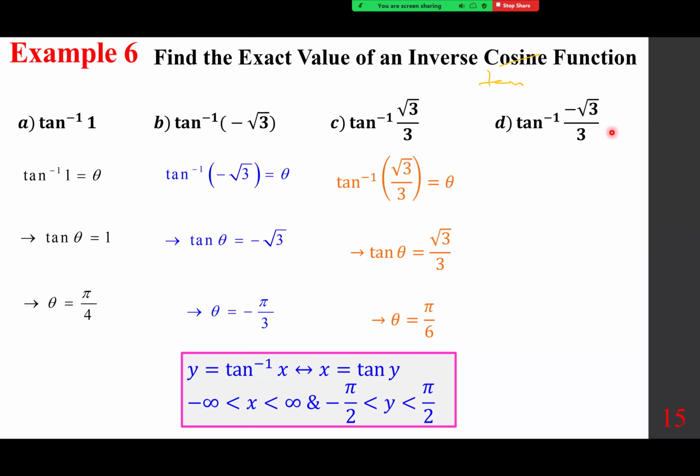Same thing here, set it equal to theta. By definition, tan of theta must be this number, and therefore it's the same thing, negative, because that's the nature of tangent. So minus pi over 6. Okay.